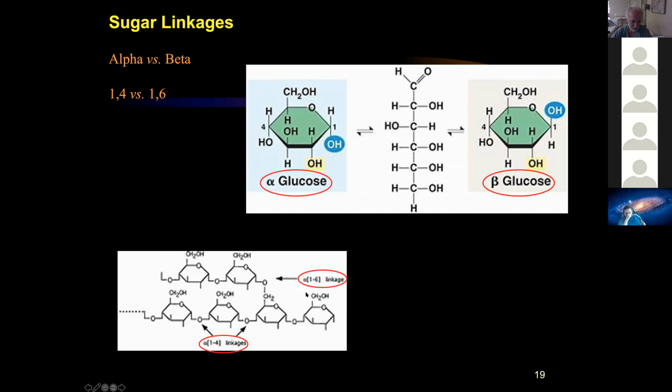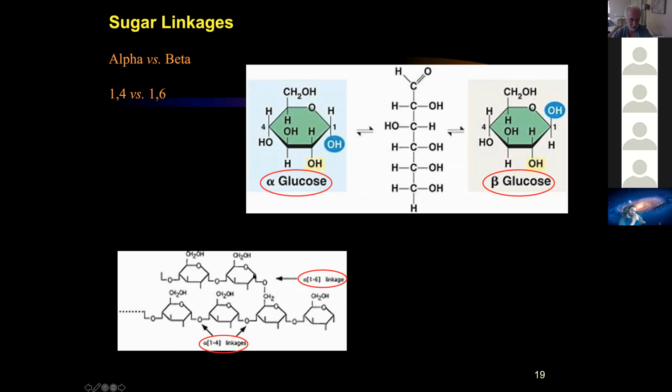And then 1,4 versus 1,6. The carbon atoms are numbered starting on the right-hand side with 1, 2, 3, 4, 5, and 6. So 1,4 linkages are between the 1 carbon on one molecule and the 4 carbon on the adjacent one. 1,6 is if there's a branch.